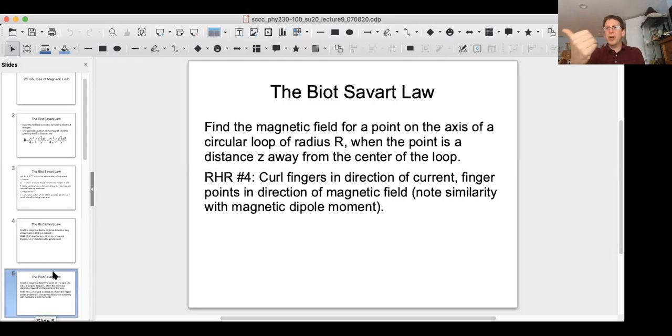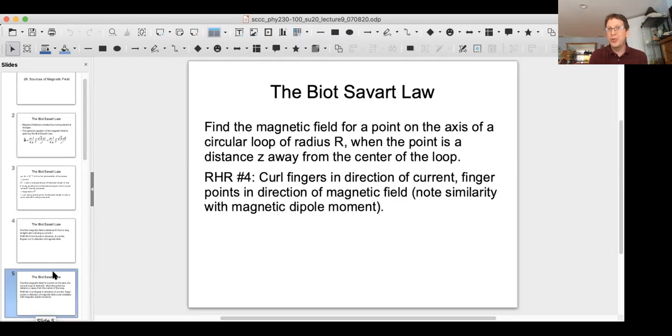But when you integrate over the full circle, you see the x and the y components cancel out, but the z components add together. And so when you do that integral after evaluating the cross product, you integrate theta from 0 to 2 pi. You see the x and the y components do in fact cancel out, but you still have a z component. And that enables you to solve this integral. So it's in the z direction, it's along the axis.